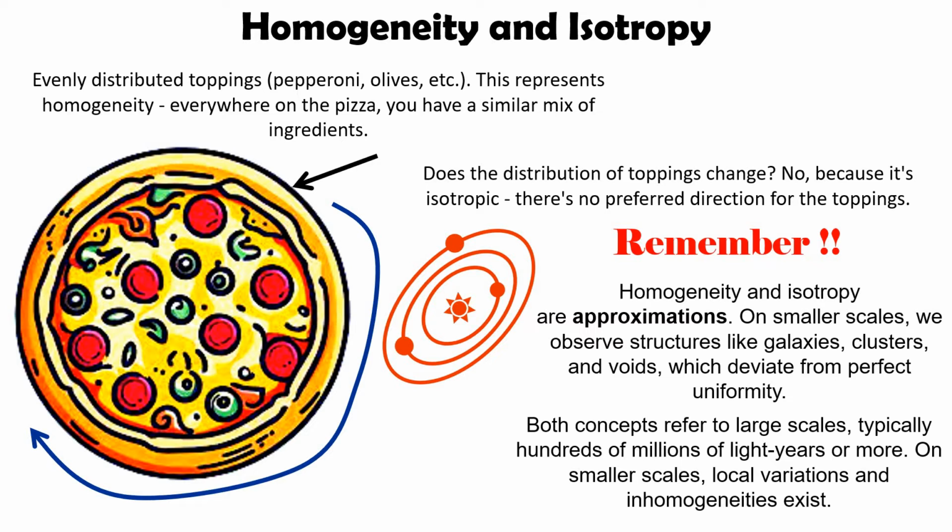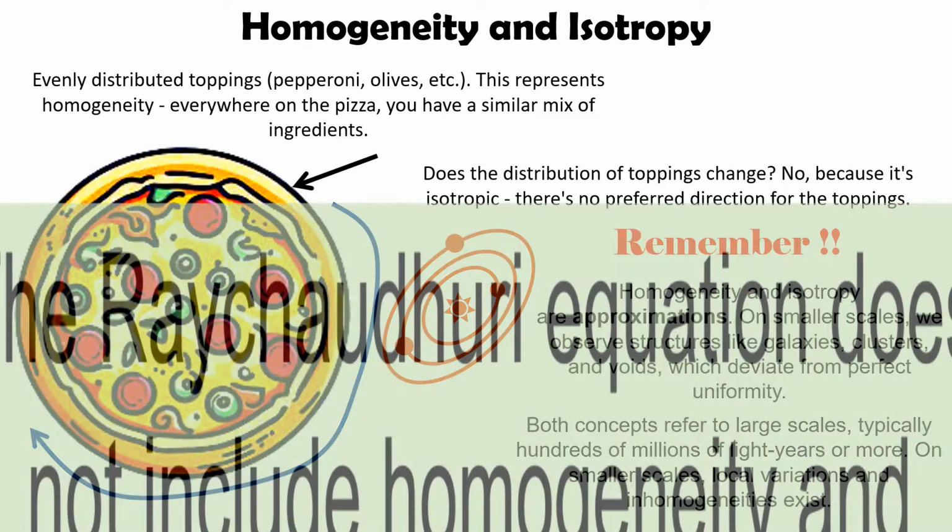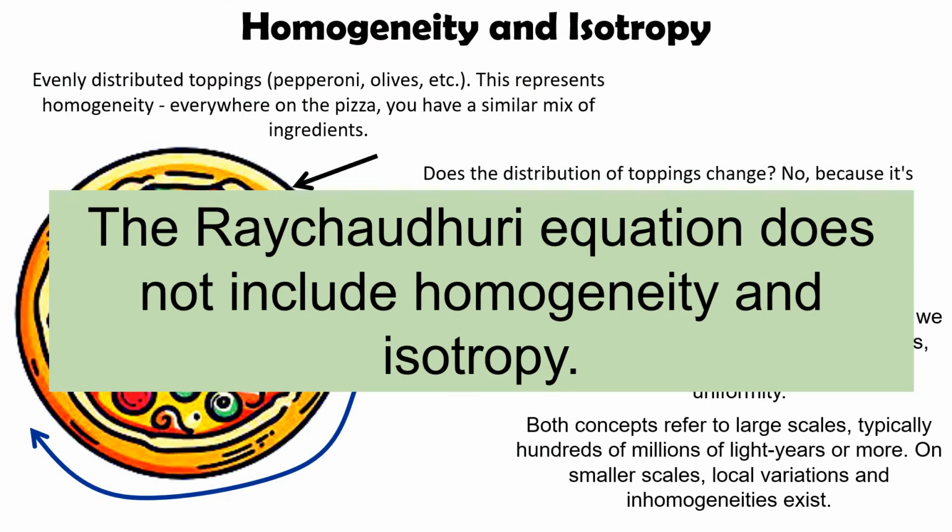On smaller scales, that is the observable universe, local variations and inhomogeneities very much exist. And here comes the final thing. The Raychaudhuri equation actually does not include homogeneity and isotropy. We will soon see what the result of that non-inclusion is.